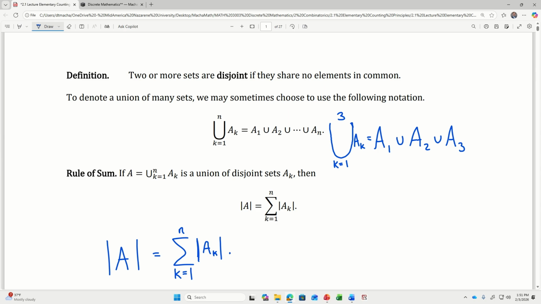And because they're disjoint, they don't share any elements in common. And so to count the total number of elements in my union of sets, I add up each of the cardinalities.